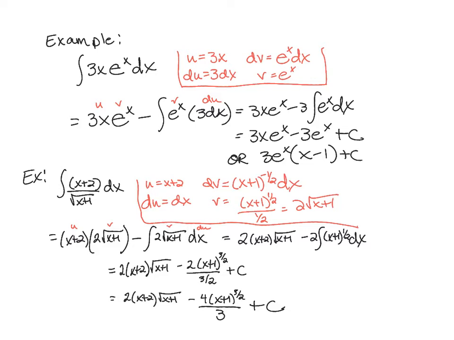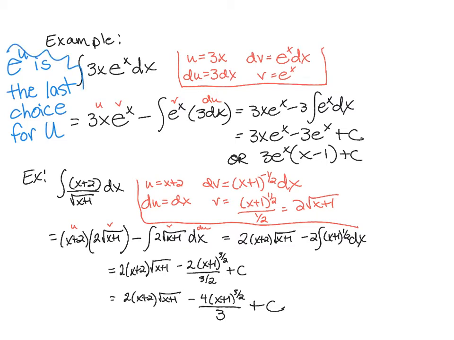Okay, so I'm just going to give you a quick little rule here. E to the u is the last choice. For you guys, it's never going to be u, not you personally, the last choice for your u, okay? And I'll tell you how to pick the u as we move through this.